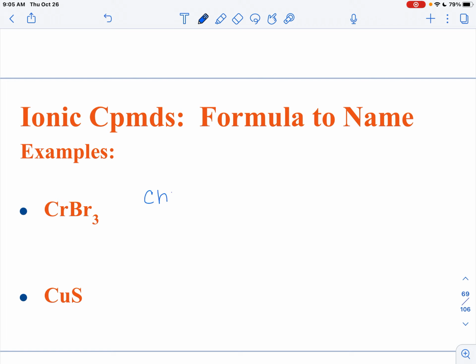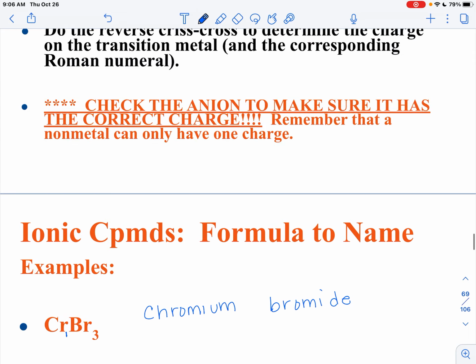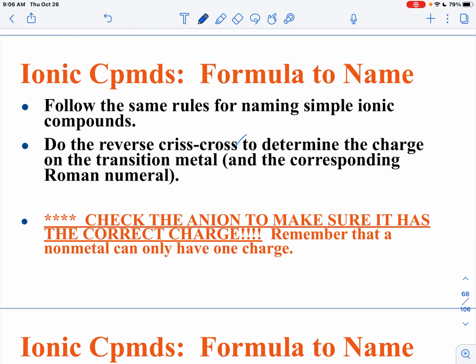Here we have chromium bromide, and then I'm going to reverse crisscross. When I say reverse crisscross, I just mean subscripts become charges.